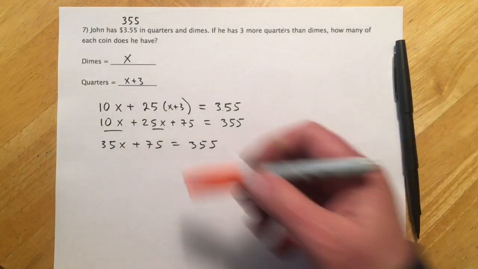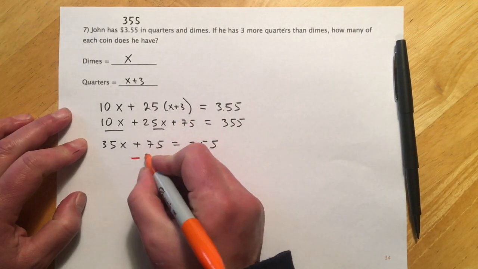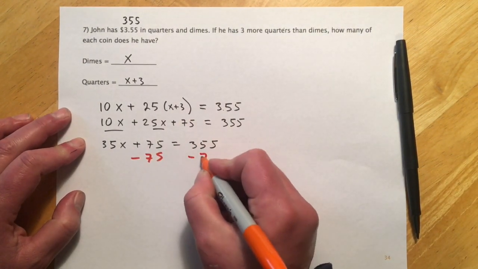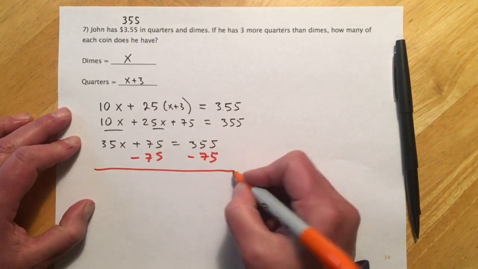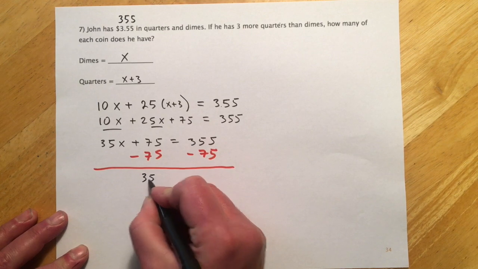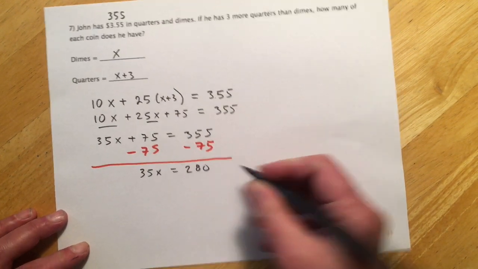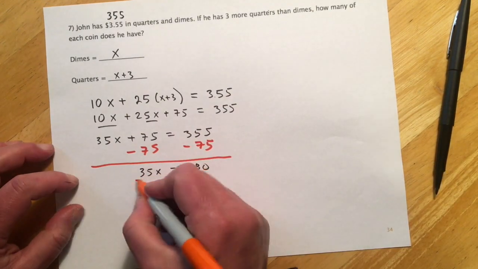and we're right back at that spot, so I'm just going to subtract the 75 and then I'll divide the 35. So that's going to make 35x equals 280, and then divide over the 35.